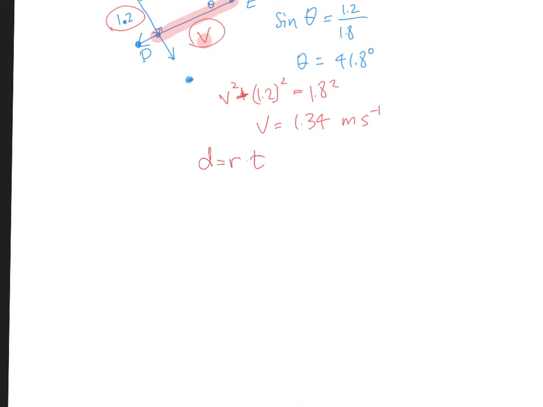It says that the distance is 4.5 kilometers. We know the rate as 1.34 meters per second. What we're trying to figure out is time. Okay, now I don't know if you're noticing, but this is going to be difficult to do with this being in kilometers and this being in meters. So I'm going to change the kilometers to meters.